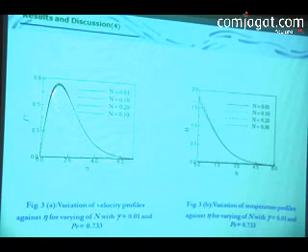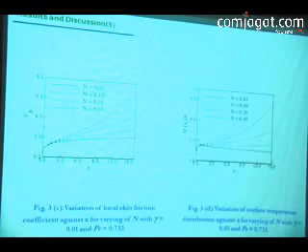Here we observe the velocity increases for the increasing values of the viscous diffusion parameter, and as a result, we observe the skin friction increases for the increasing viscous diffusion parameter, and surface temperature increases for increasing values of the viscous diffusion parameter.